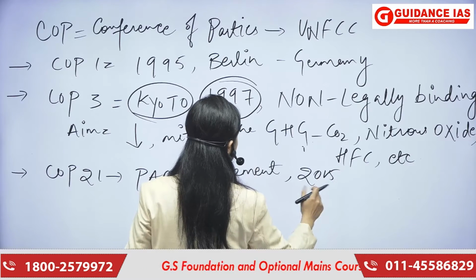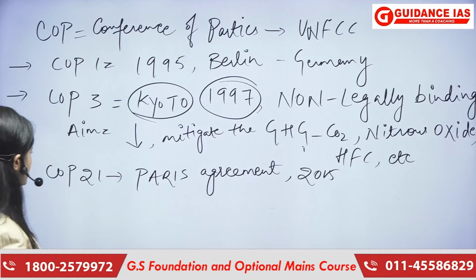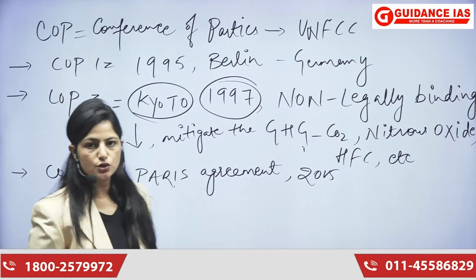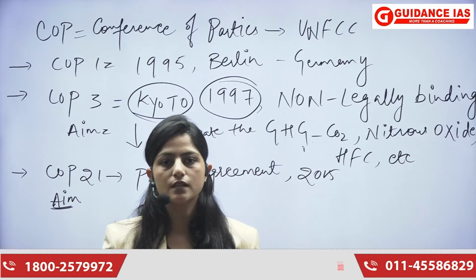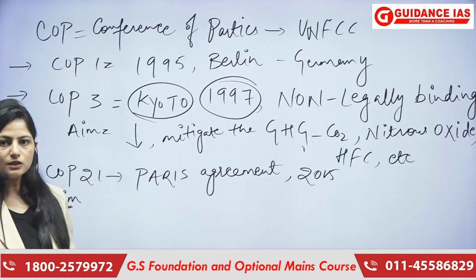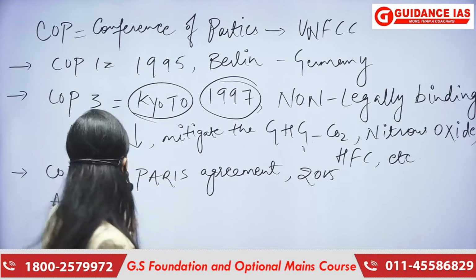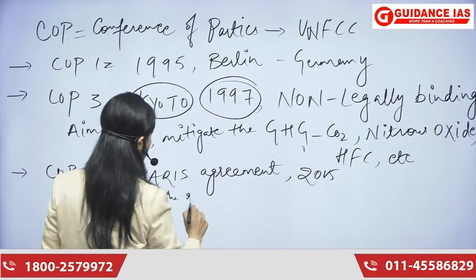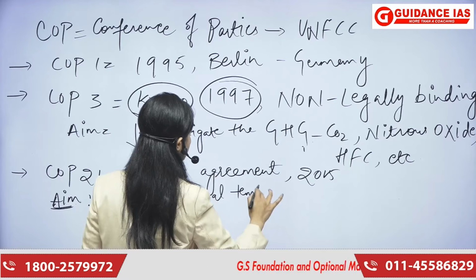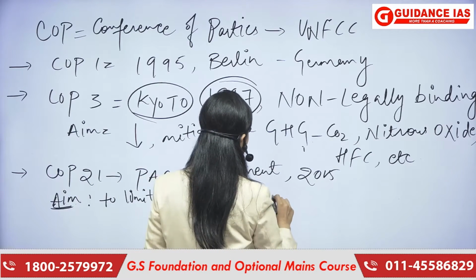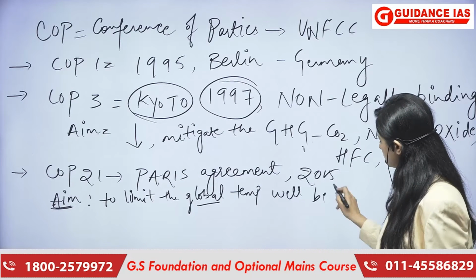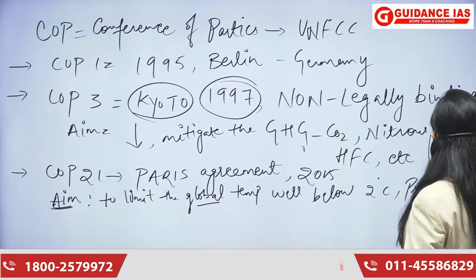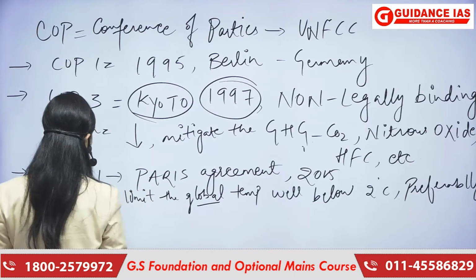2015 was the year when this came into place. And the Paris Agreement, again, what was the aim of it? When we are reading about any session or any meeting or any conference, we need to understand what its objective was, what its major aim and major goal was. So the Paris Agreement also holds a very important objective, which is to limit the global temperature well below 2 degrees Celsius, but preferably 1.5 degrees Celsius.